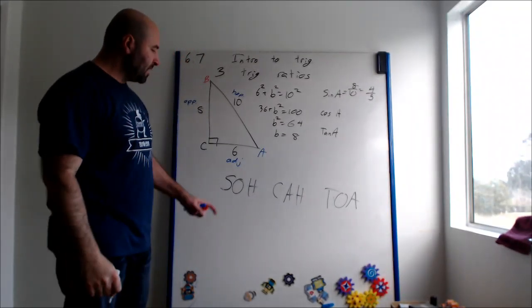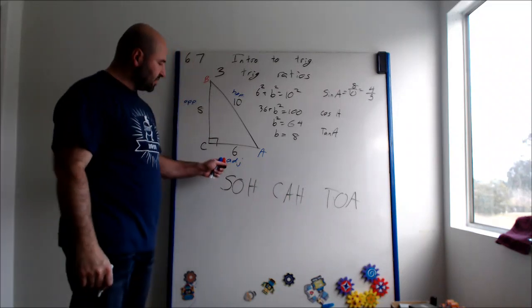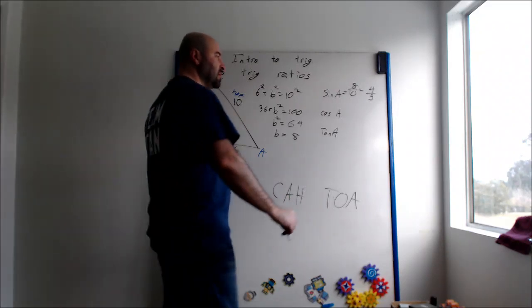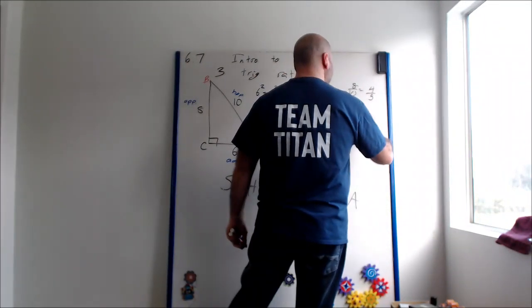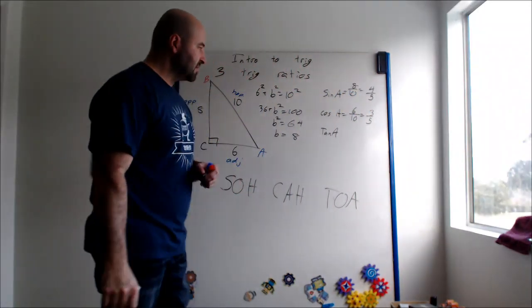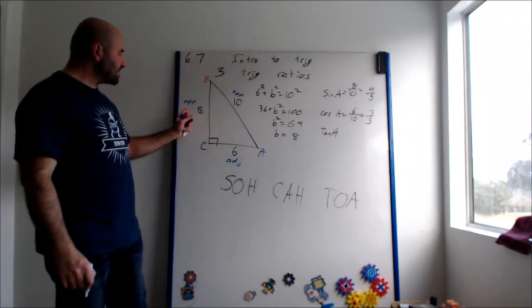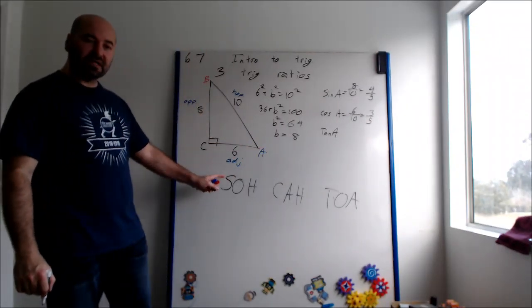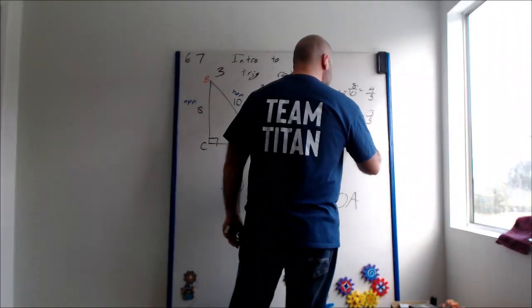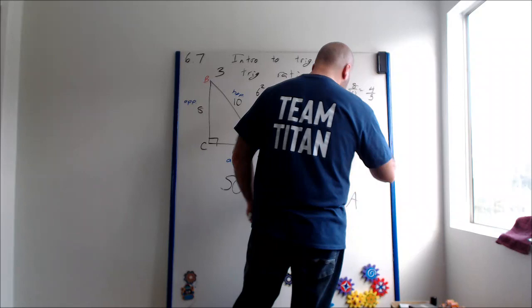Cosine: adjacent over hypotenuse, 6 over 10, or 3 over 5. And then finally the tangent. We're going to go with the side opposite over adjacent. 8 over 6, or 4/3.